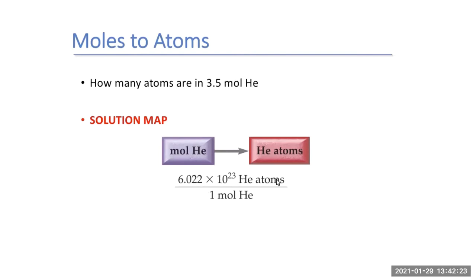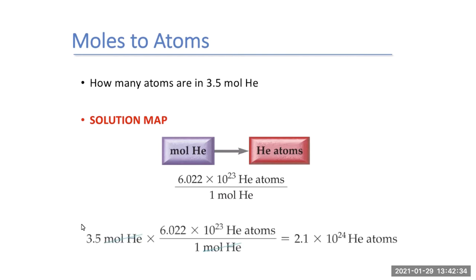So we'll put Avogadro's number on the top for atoms and the per mole on the bottom. Which leads us to having 3.5 moles of helium times 6.022 times 10 to the 23rd helium atoms per mole. And you can see the units of moles cancel out. This leaves us with 2.1 times 10 to the 24th helium atoms.